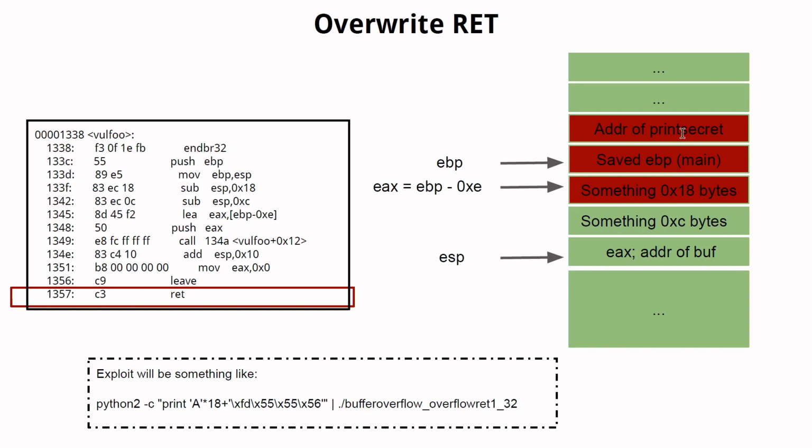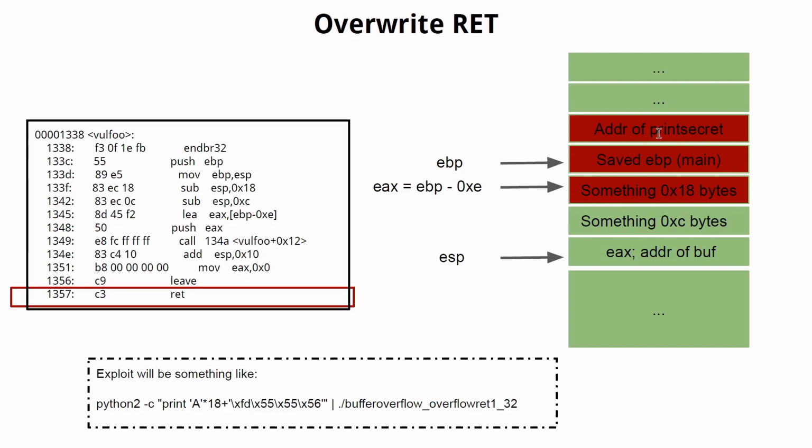So here we want to overwrite it with print secret, because we want to print the secret, right? So if we overwrite it this way, 14 bytes of garbage, another 4 bytes of garbage to overwrite the saved EBP, that's 18 bytes in total. Then another 4 bytes for the print secret function address.